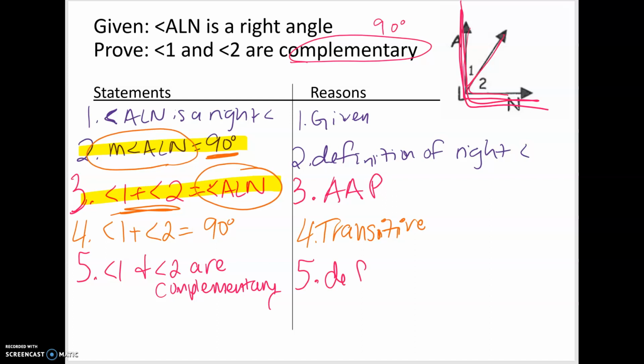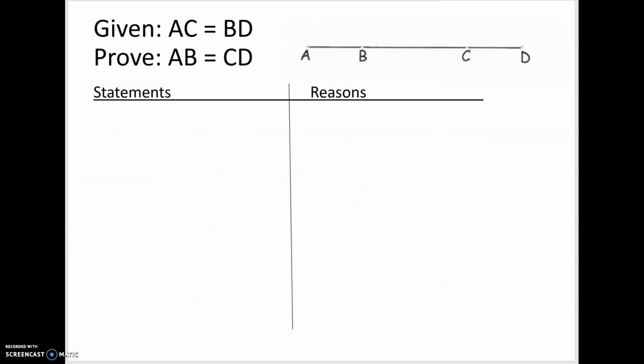So that is based on the definition of complementary angles. Okay, so lots of definitions, lots of postulates like your angle addition postulate, lots of use of transitive properties. This is a lot of times where people get confused with their proofs.